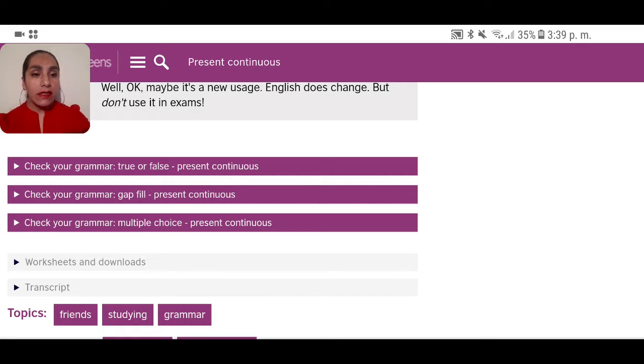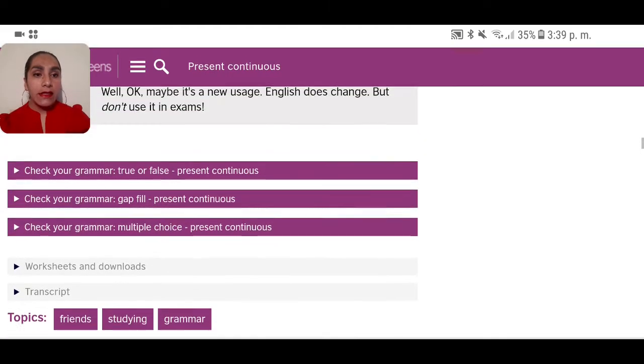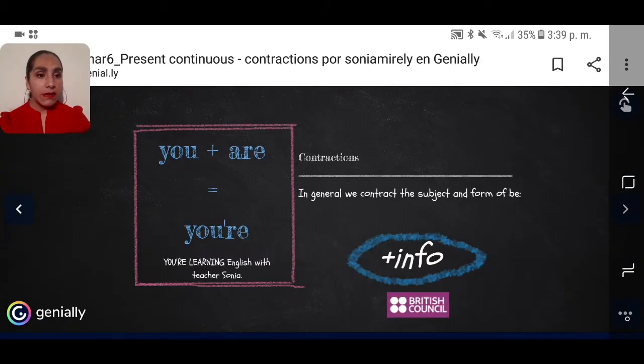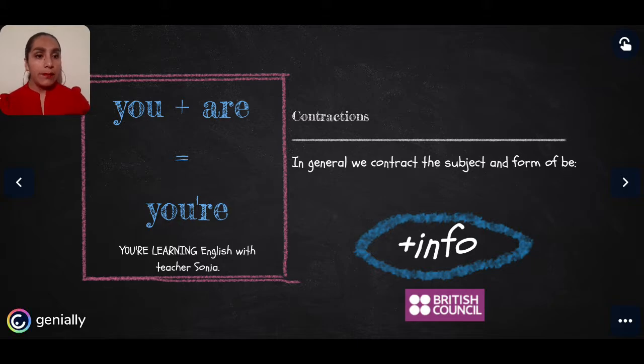Así es que si tú visitas esta página, te servirá para poner en práctica tus conocimientos también del presente continuo. Let's go to the presentation again. Regresamos a nuestra presentación para avanzar con el contenido. ¿Ok? Así es que también busca tus propios recursos para que incrementes tu conocimiento.